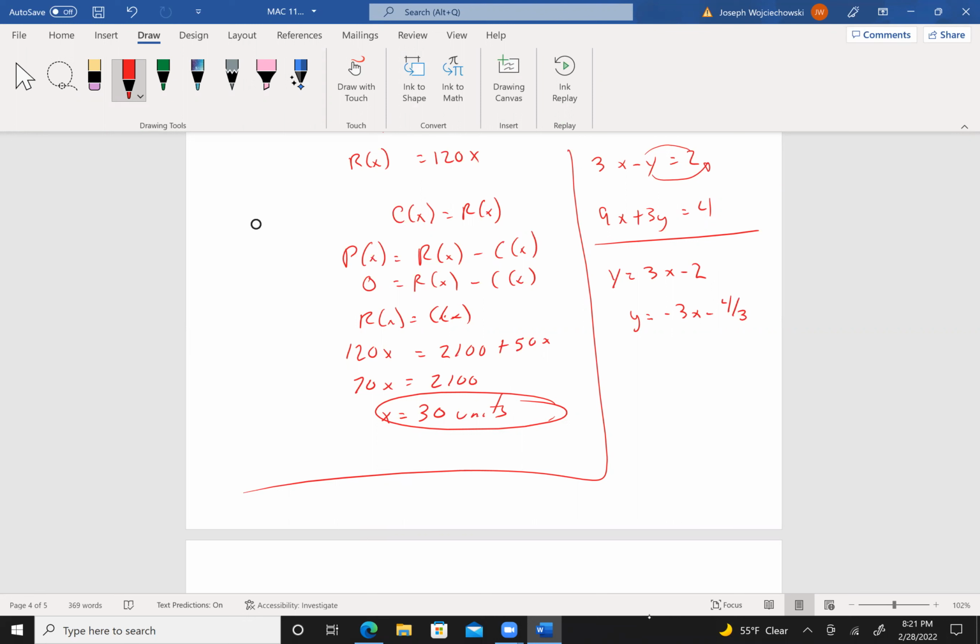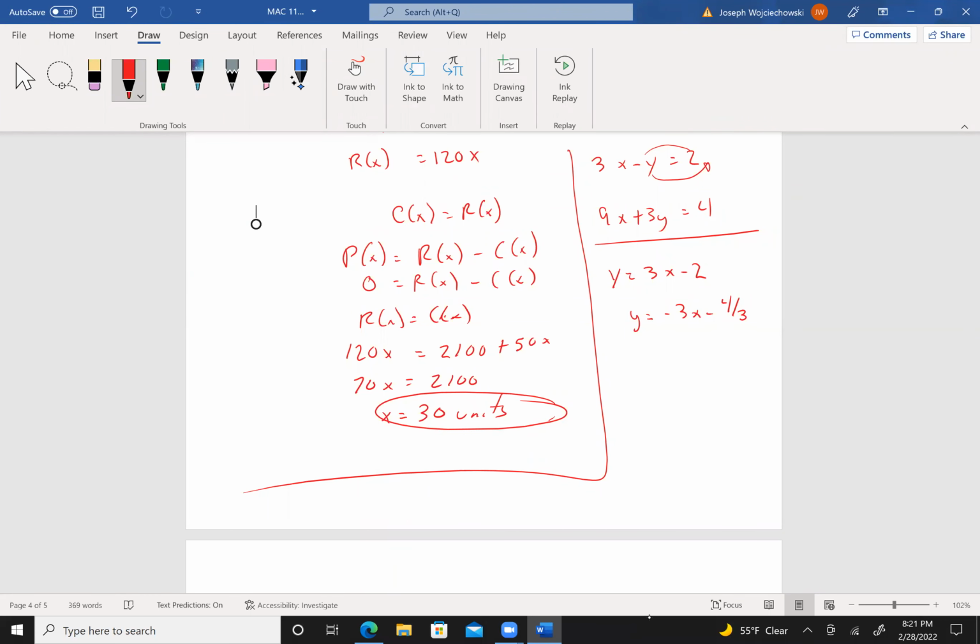So here's the trick. On your calculator, plug in your two equations. So I have 3x minus 2, and I have negative 3x. Make sure you hit the negative and not the minus.